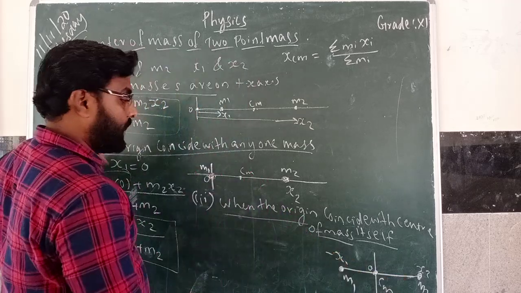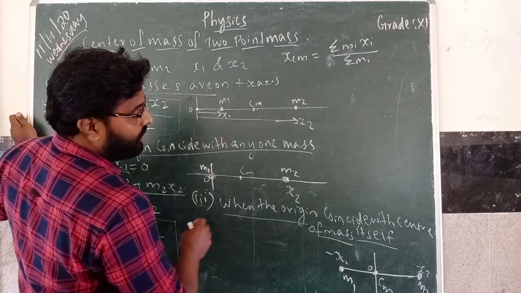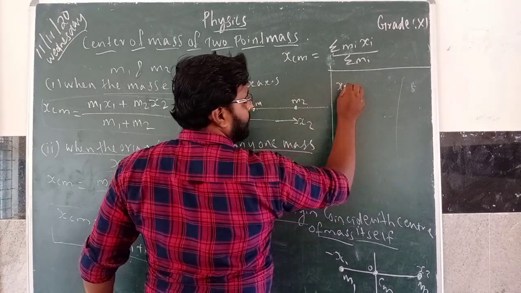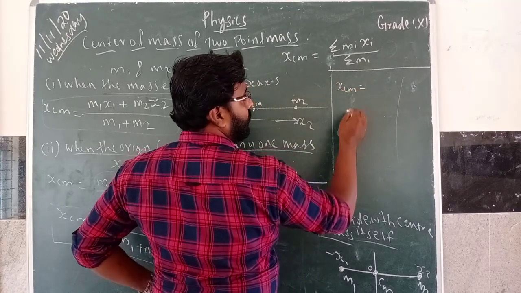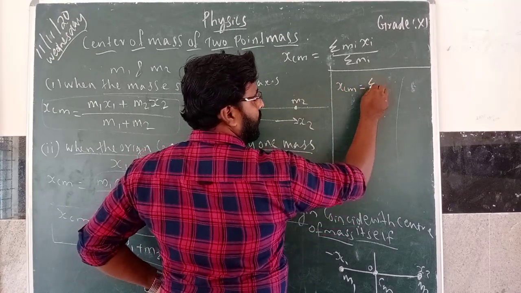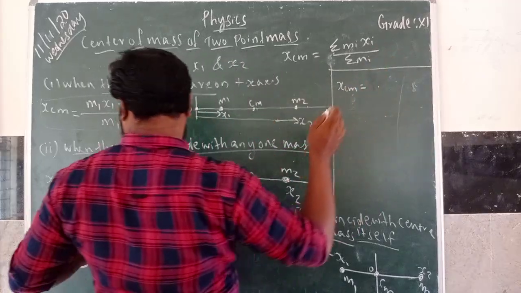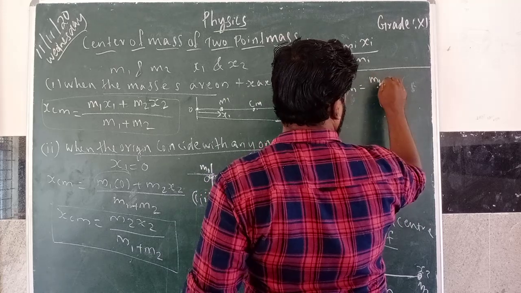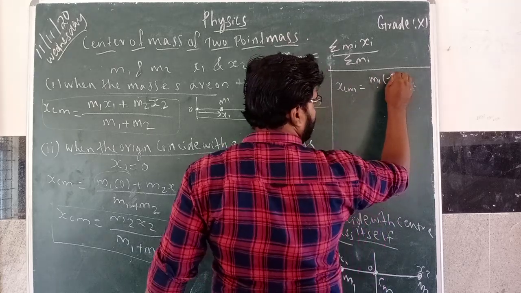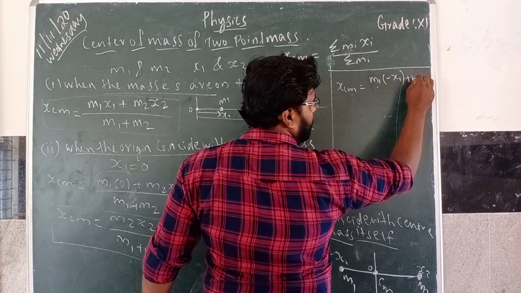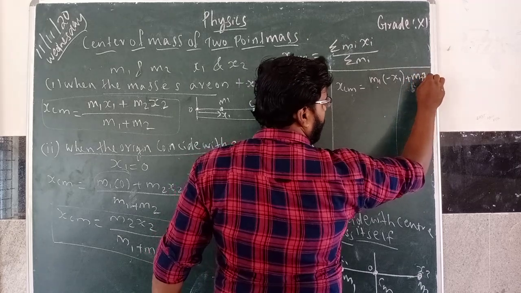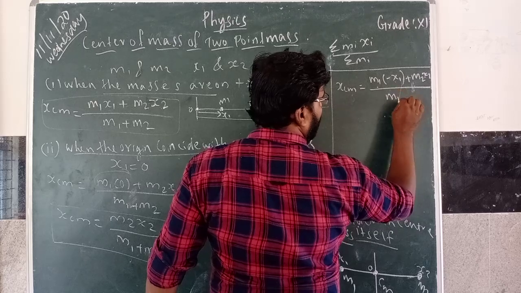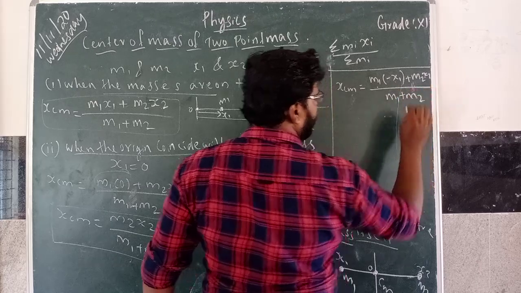So what you can write this equation? Write the equation. XCM equal to, this formula, no? M1 x1 is minus x1 plus m2 x2 divided by m1 plus m2.